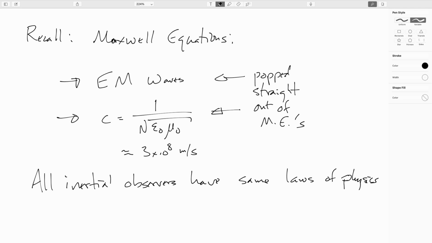The other possibility is that the Maxwell equations don't have universal application. Maybe it's like sound, where we can only apply them in the frame where the air is seen as stationary. Maybe there's some special observer who does all of the observing for the Maxwell equations.